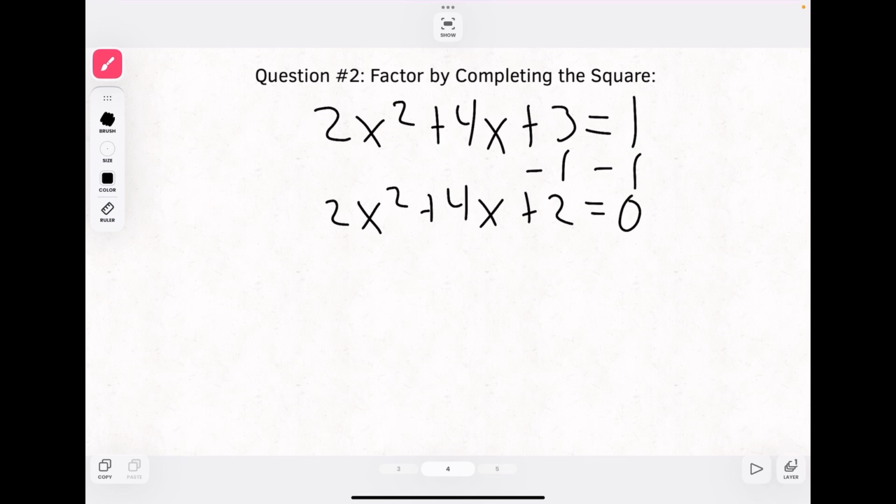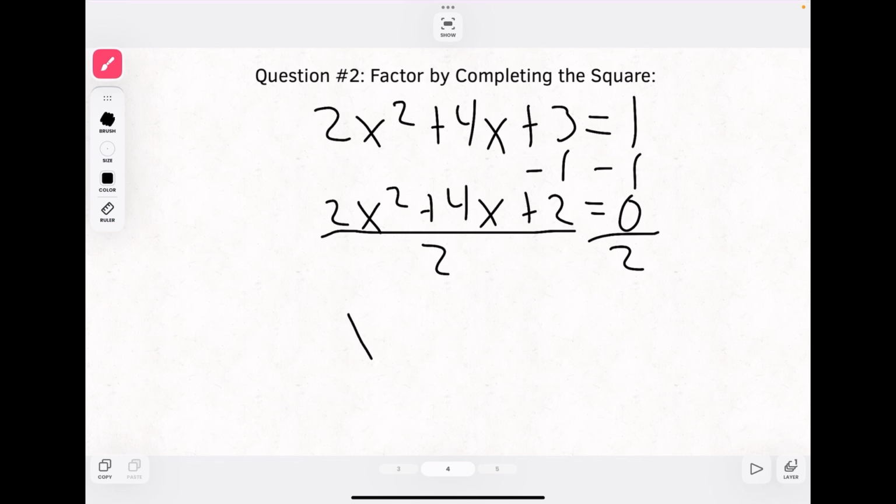And then from here, you can notice that the leading coefficient is not equal to 1. It is equal to 2. And to get rid of the leading coefficient, you're going to want to divide the entire left side and the right side by the leading coefficient, which in this problem was 2.